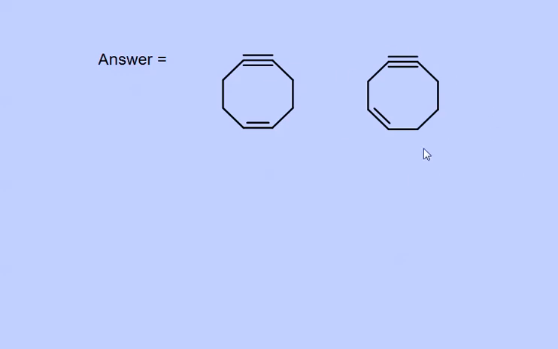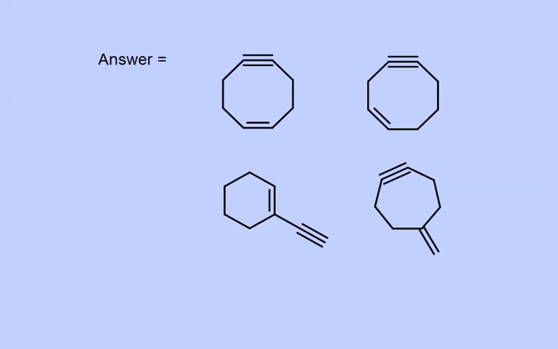So maybe the ring, but the double and triple bonds in relatively different positions, or maybe it's a smaller ring size, as long as we've still got the pi bond for the alkene and the 2 pi bonds for the triple bond. There's actually a variety of ones that we can look at and suggest, but it's got to come back to that formula of C8H10.